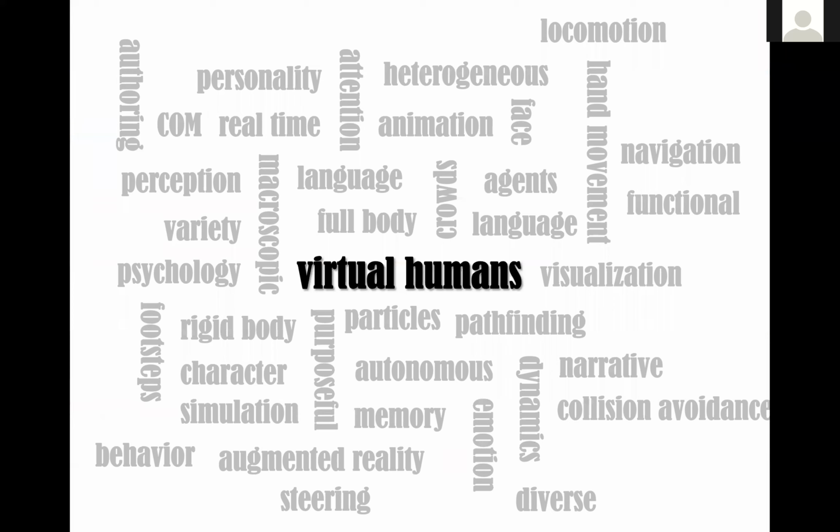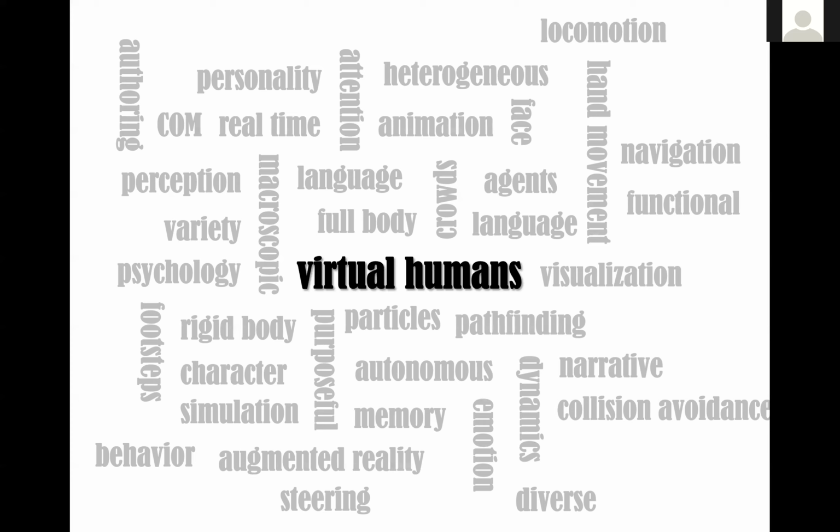Virtual humans research addresses many different challenges. It's not just a computer science or a computer graphics topic; it touches upon many facets of research. For example, folks that may have taken a robotics class may see analogies and direct correlations between the ideas discussed in robotic motion planning, especially in the development of bipedal robots, and the kinds of research that I will talk about today in the domain of humanoid character animation.